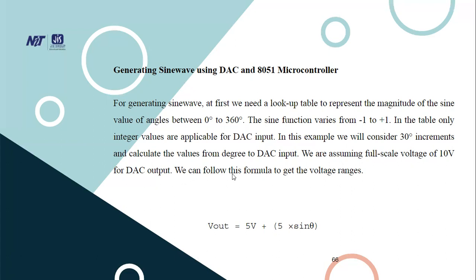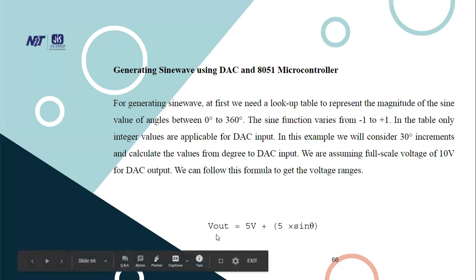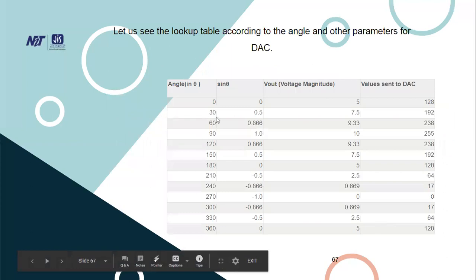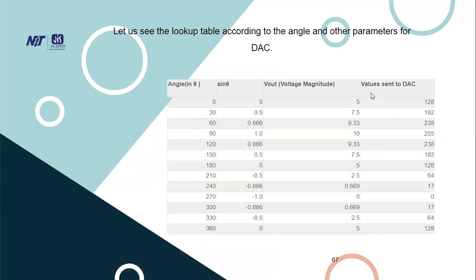We can follow this formula to get the voltage ranges. V out is equal to 5 volt plus 5 into sine theta. So when the angle is 0, the voltage is equal to 5 and the value sent to the DAC is 128. When it is 30 degree, sine 30 is 0.5 and the corresponding V out is equal to 7.5 and the value sent is 192.